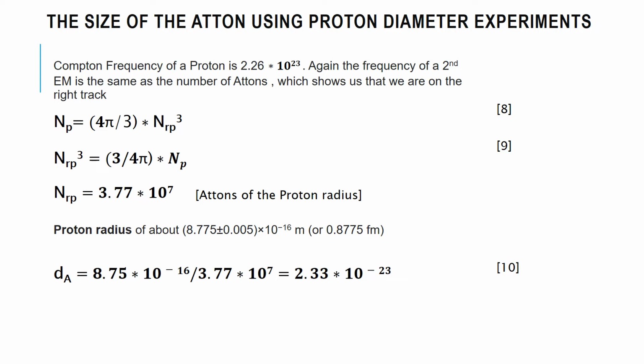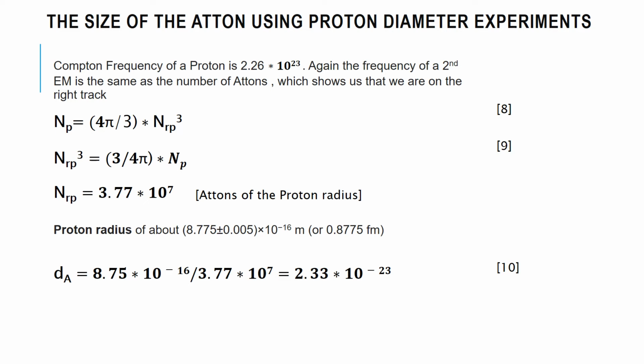And again, the frequency of a second electromagnetic wave is the same as the number of attons. I think I've shown that in several ways. So this number is exactly the same number that we calculated using a completely different method, multiplying the mass multiplier between electron and proton times the number of attons.